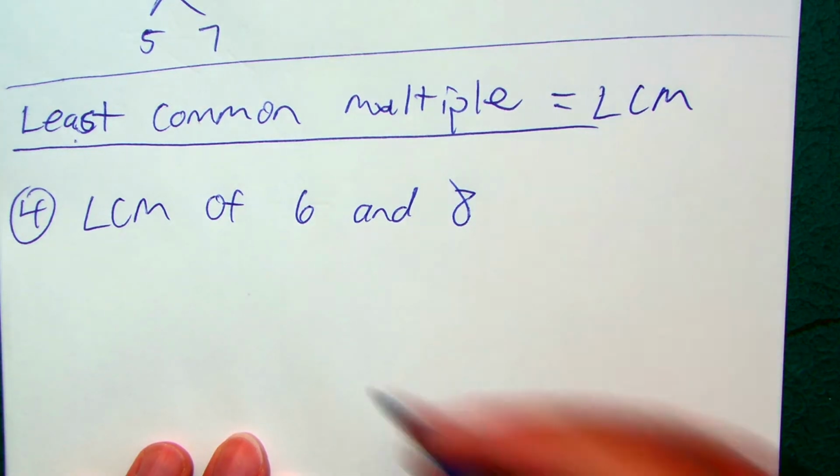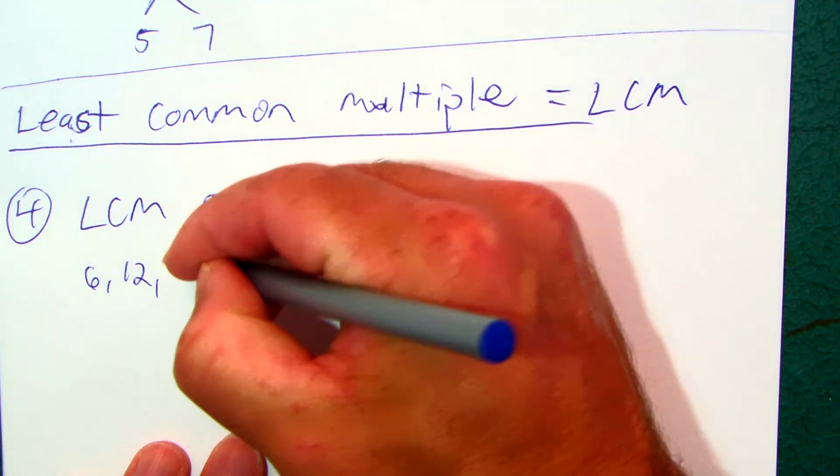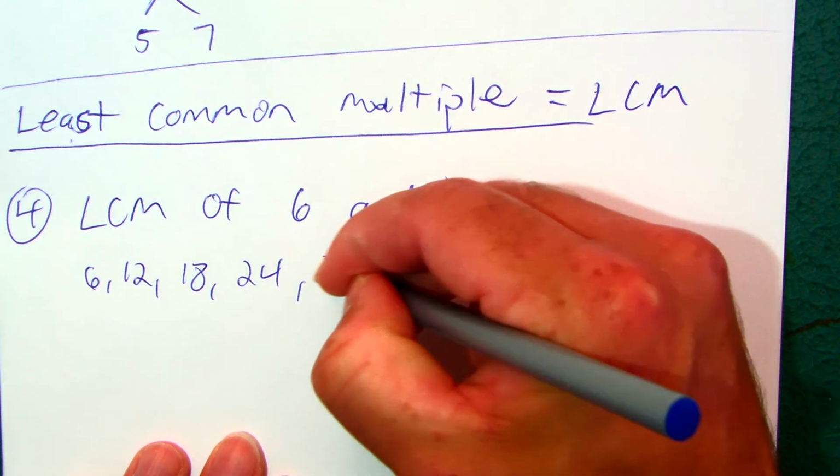So your multiples of 6 are 6, 12, 18, 24, 30, 36.